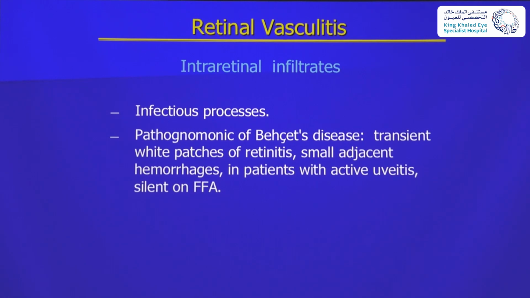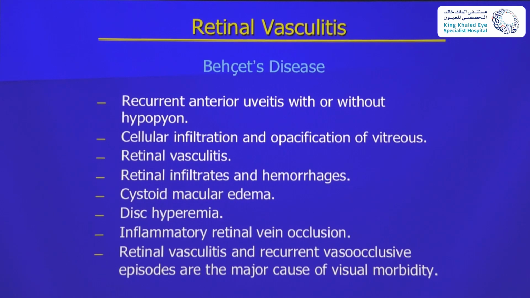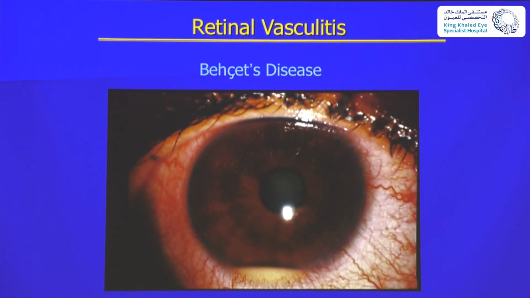Now, if you see a patient with retinal vasculitis and retinal infiltrates, it can be infections, if you rule out infections, there is only one differential diagnosis, which is Behçet disease. I'm not going to discuss Behçet in detail because we shall give a lecture on Behçet.